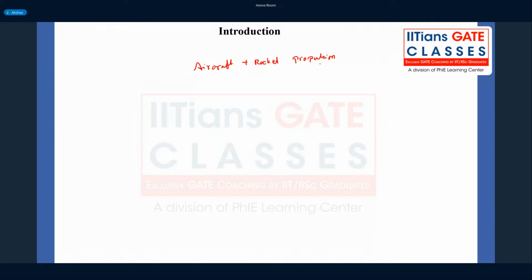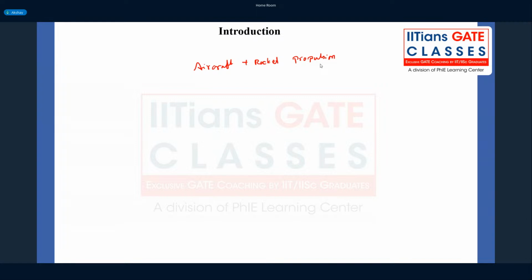Usually in IGC, the fundamental parts covering fluid mechanics and thermodynamics will be done beforehand before we move on to any of these propulsion topics. In today's session, I will presume that you have a background in thermodynamics and propulsion from your BTech courses. So let us assume that, and we will start our session.